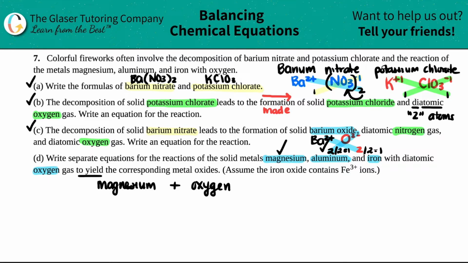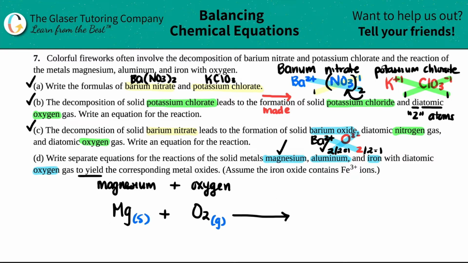Magnesium is Mg, right? And it's a solid metal, so Mg would just be a solid. And you're reacting it with oxygen, and they said that it's a diatomic, right? Diatomic oxygen. So we know that the oxygen has to be O2. They're saying that it's a gas, so G. And that's yielding or making or forming.